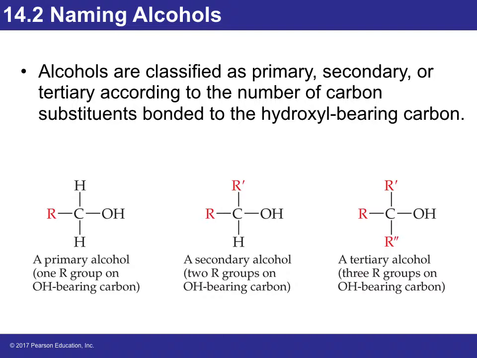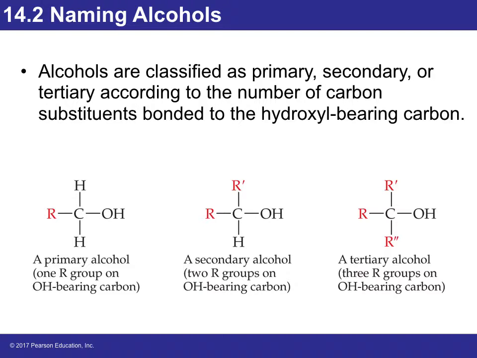So right here on the far left, you see I have one OH that is connected to a carbon atom with a covalent bond, and then you have two hydrogen atoms with covalent bonds, and it's attached to one R group. R is any other organic compound. Primary alcohol.